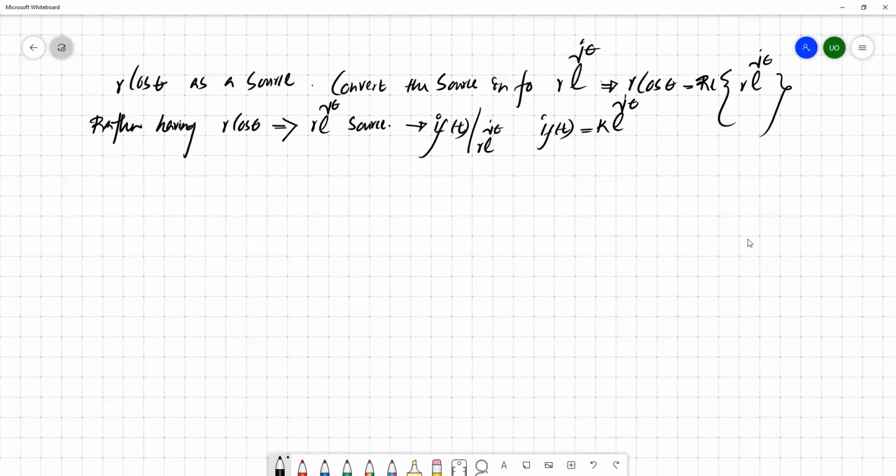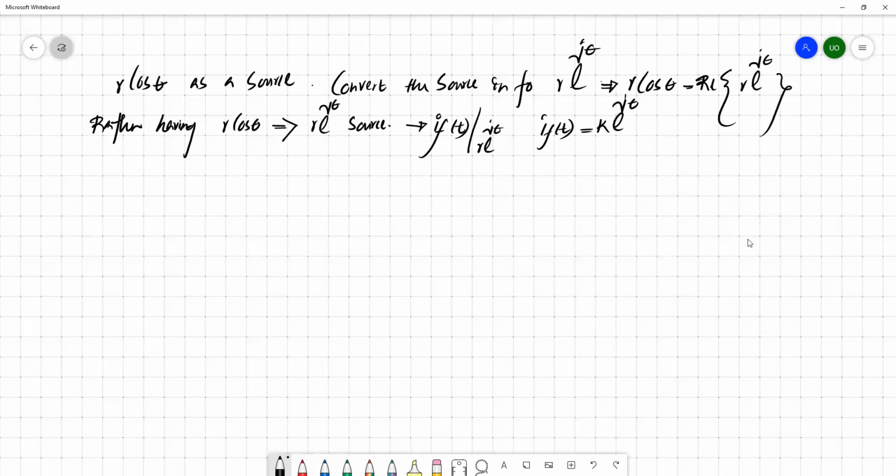You have to find both a and b to get the exact forced response. But if you replace this cos theta term with its corresponding exponential, rather than doing this analysis with the cosine or sinusoidal excitation, you can proceed with the calculation by assuming a source of exponential type which is aligned with the r cos theta source.